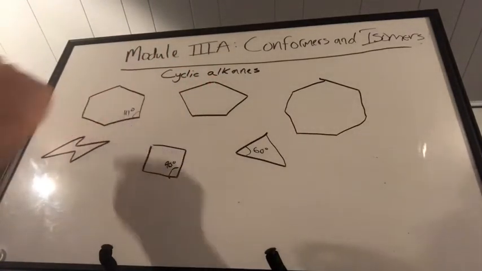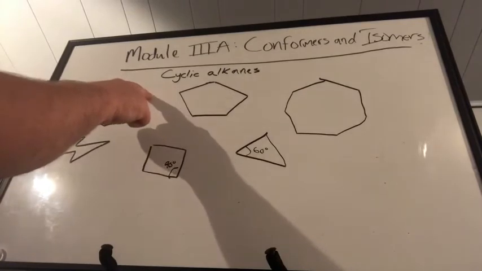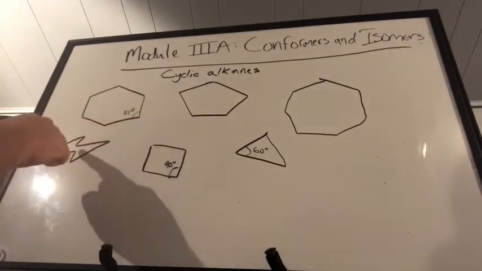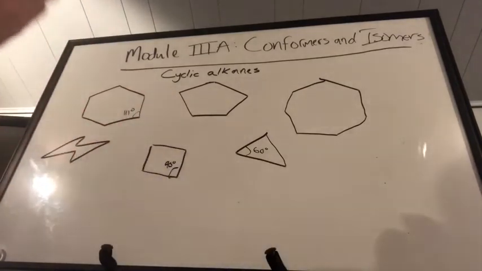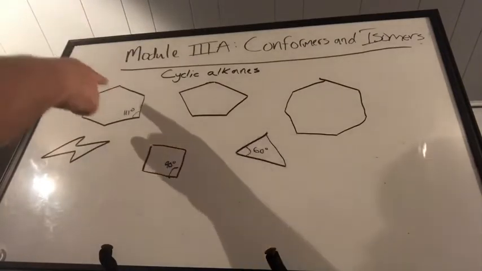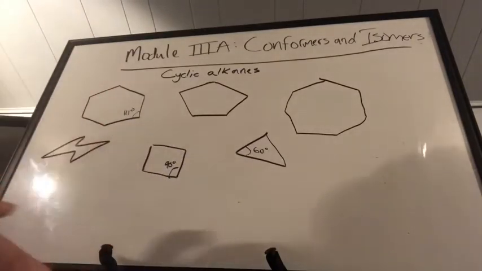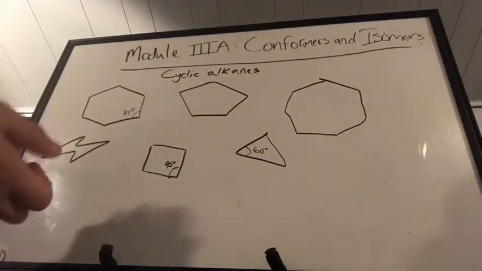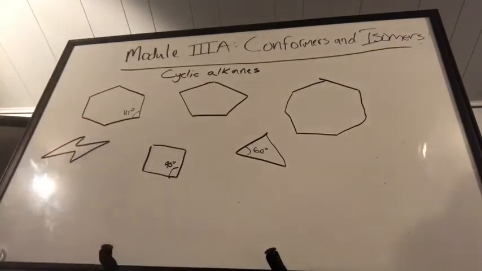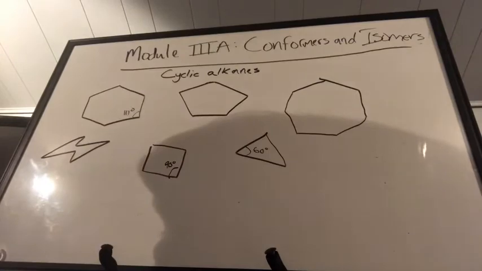Now, back to cyclohexane for a minute. You'll also see that things are going to go up, down, up, down, up, down, right? So that's to make sure that everything's in its proper space and that there's no overlap or bumping into hydrogens that are hanging off or other carbons, etc.